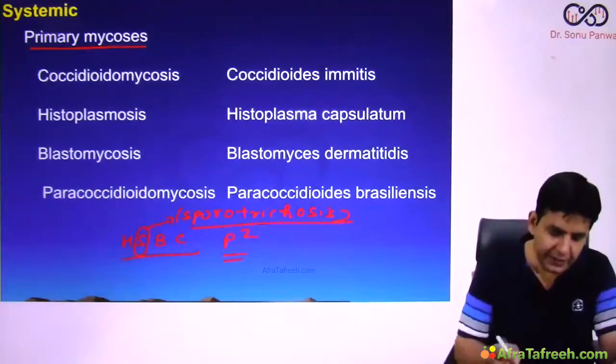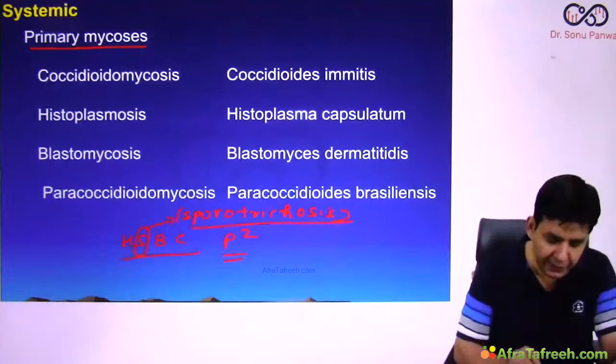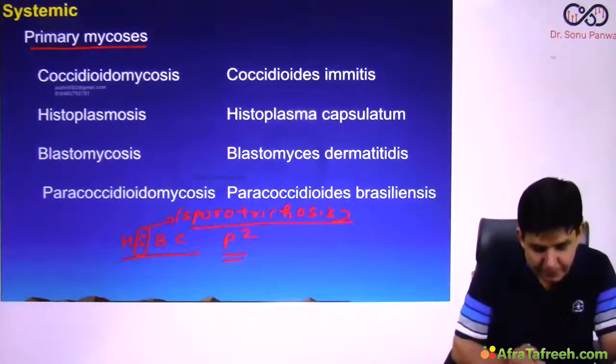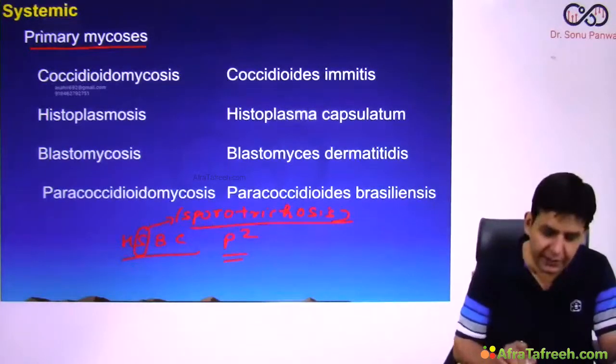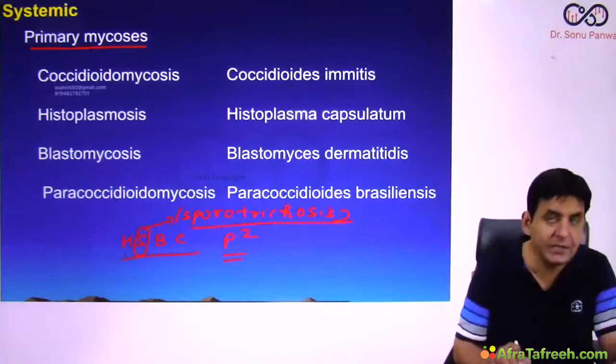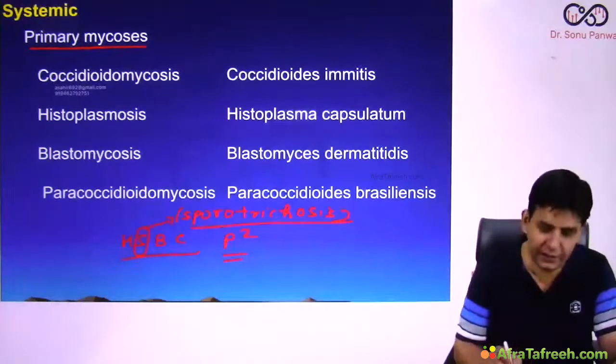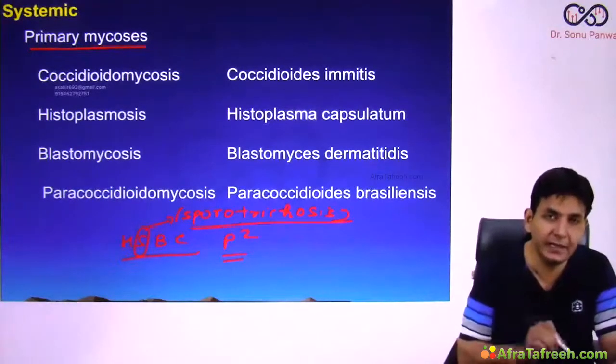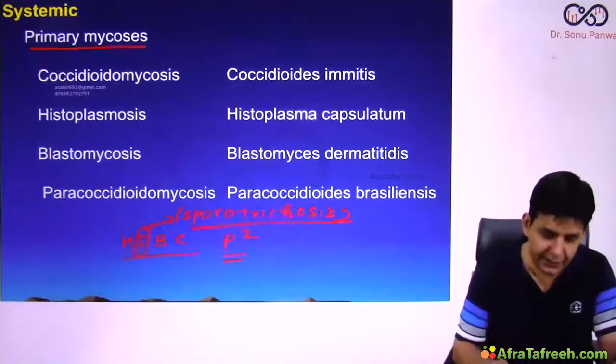Okay, so as you can see, coccidioido is there, histo is there, blasto is there, paracoccidioido is there. All of them are there, but one is missing from this list, that is sporotrichosis, which is mainly a subcutaneous mycosis.